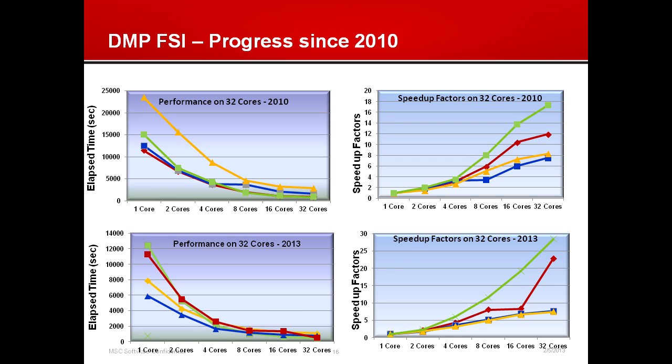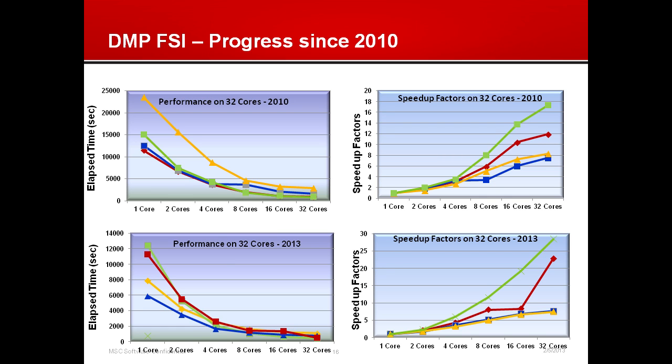So these are the representative charts. Each color shows you a different benchmark problem. The size of these models was as large as 2.2 million elements, and the jobs were run on a Linux server with Red Hat 5.4 with Intel Xeon processors, and we ran up to 32 cores.